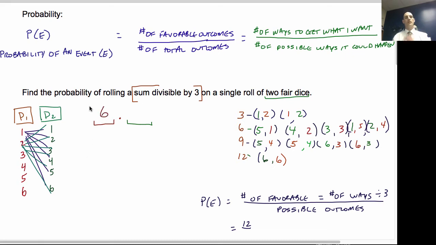And every single one of them could go with every single one of the green ones, which is 6 different ones. And so my number of total outcomes is 36. Or 1/3. There's a 1/3 probability that I roll something that's divisible by 3. I could also express this as a percent, 33.3%. 0.3 repeating percent. Okay?